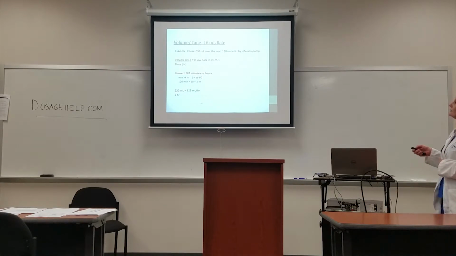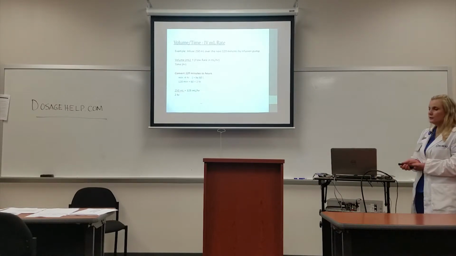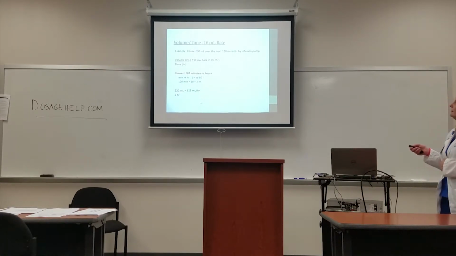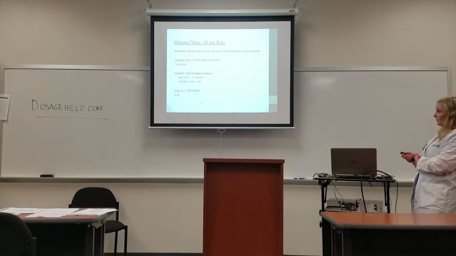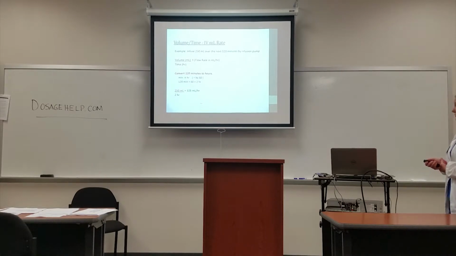So I have an example. I decided, let me just make this a little bit more interesting, and this way I'm drawing your eyes to where it needs to go. So 250 mLs is what I'm supposed to infuse over 120 minutes by the infusion pump.